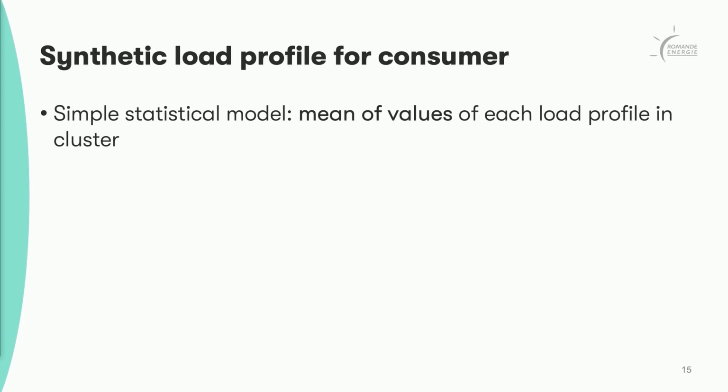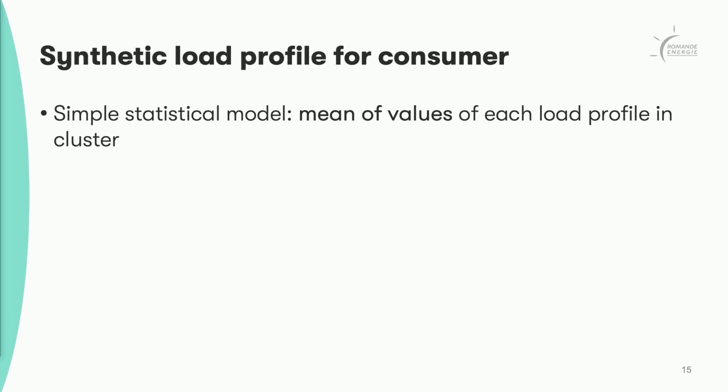Initially, we wanted to do some GAN or stuff like that, but in the end, we had a really simple statistical model where for each cluster we have some curve associated behind, and for each timestamp we do an average of the value, and then we do so for all the years.